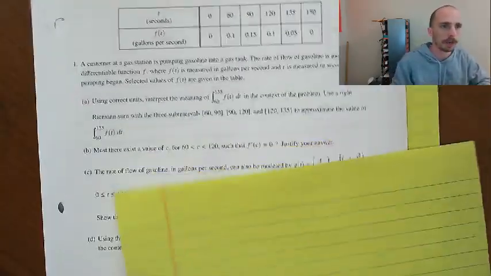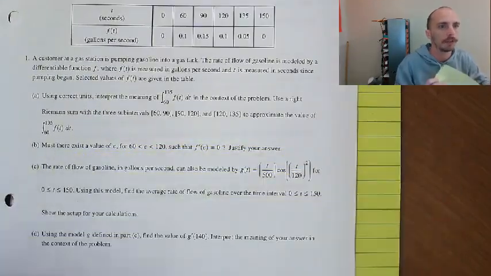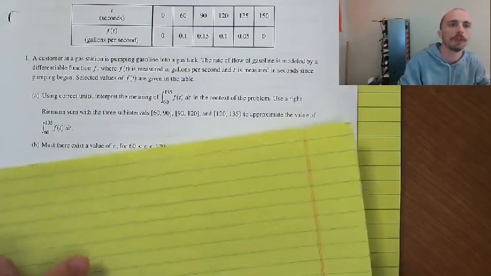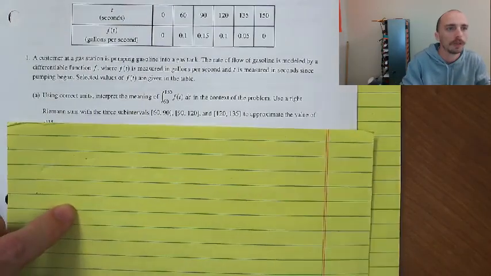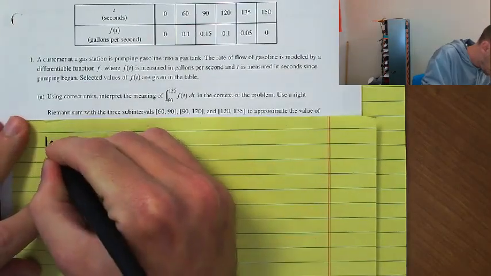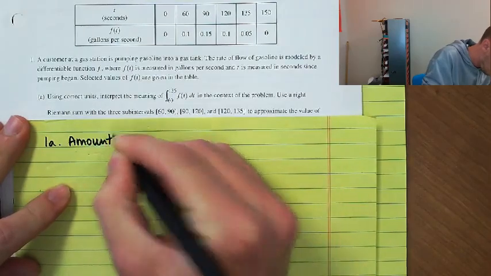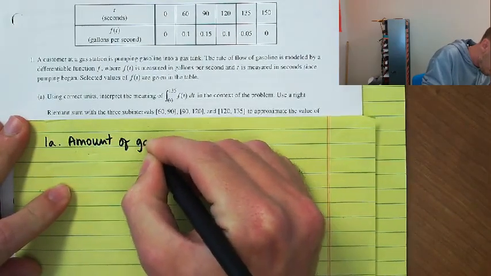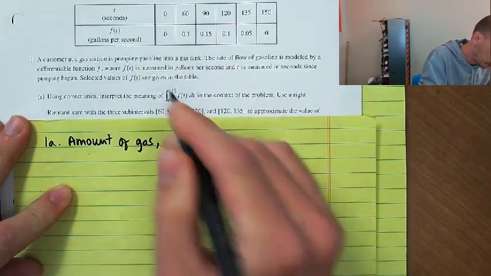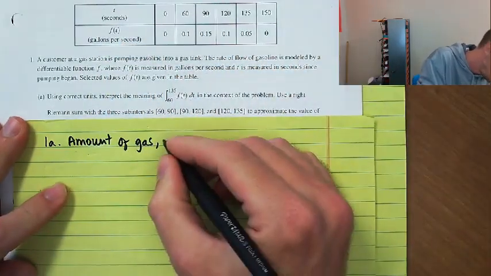Okay, what does the function that we're integrating represent? It's probably a rate, right? The rate of flow of gasoline. So the integral of the rate is going to give us the total amount of gasoline. So I'm going to say it's going to be the amount of gas in gallons per second multiplied by seconds. If we're integrating, then we multiply the units.